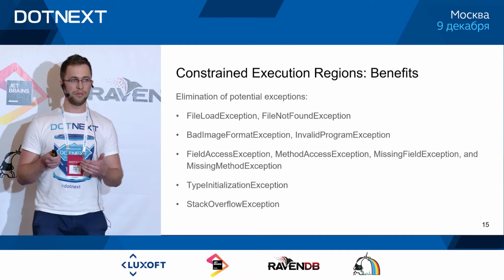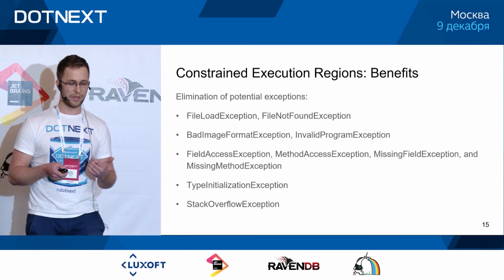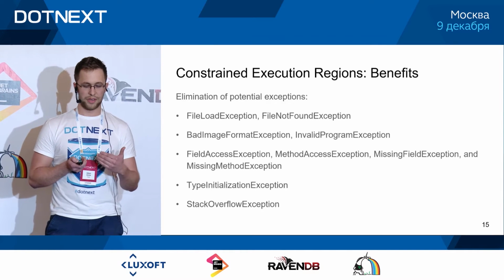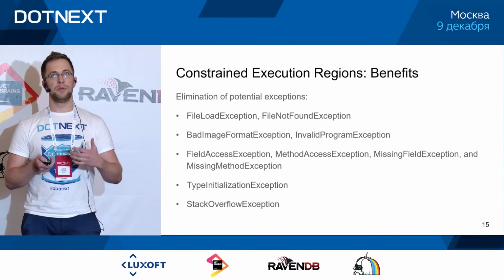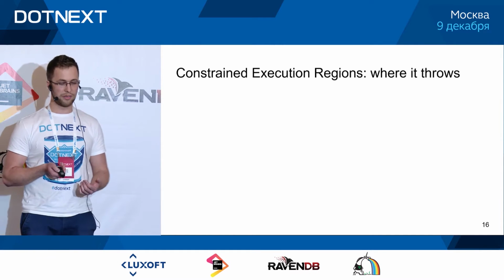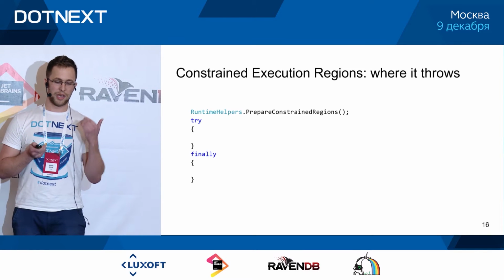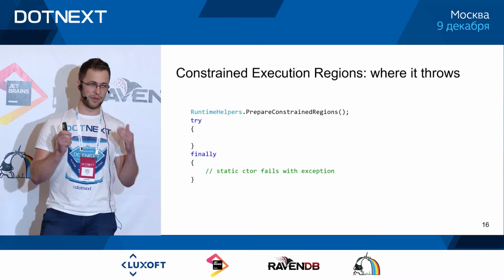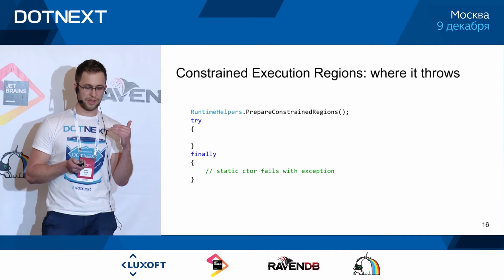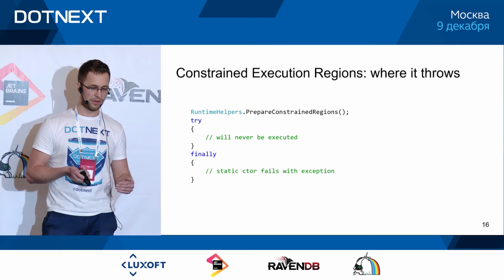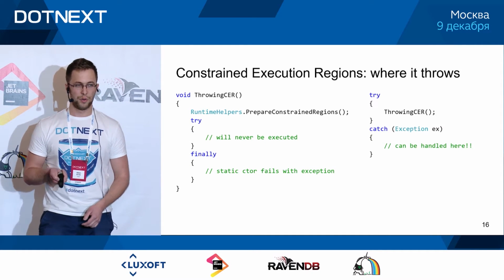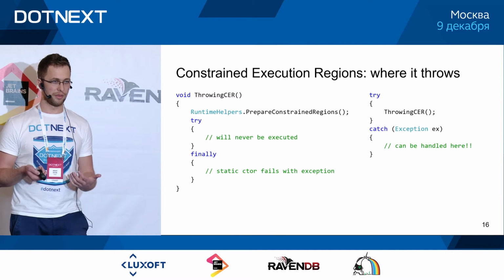So, by using constrained execution regions, we can eliminate this long list of exceptions. But the thing is that we are not going to eliminate them, but provoke them at a different time. So if we have the following example, where we have a finally block that has a static constructor that fails, and we have a constrained execution region before, then the try will never be executed, and the method will throw on the upper level, and anyway, we need to catch this exception and handle it.